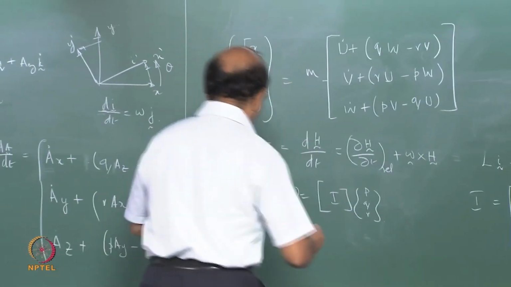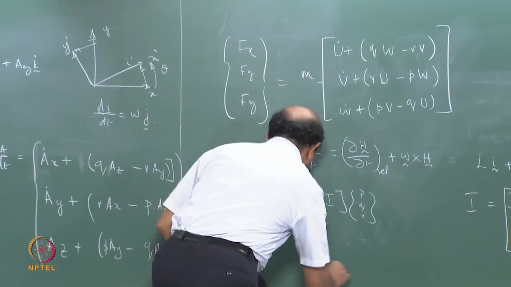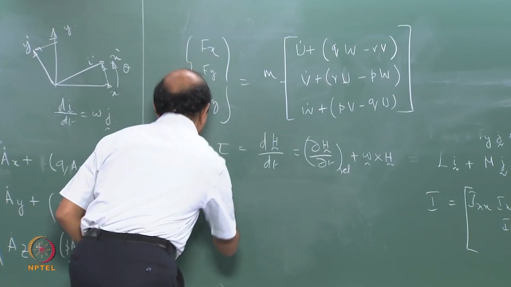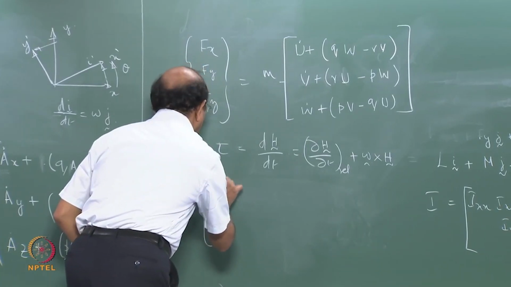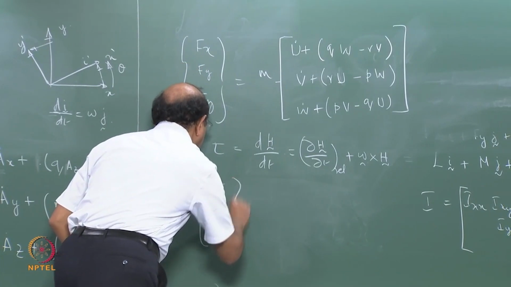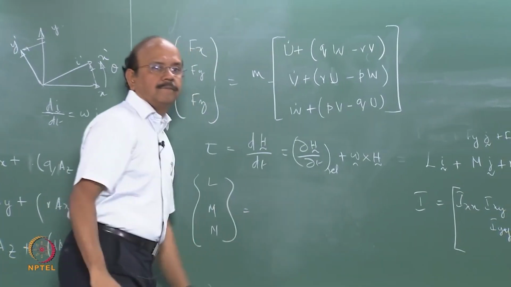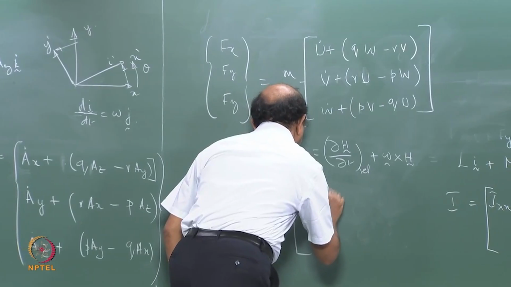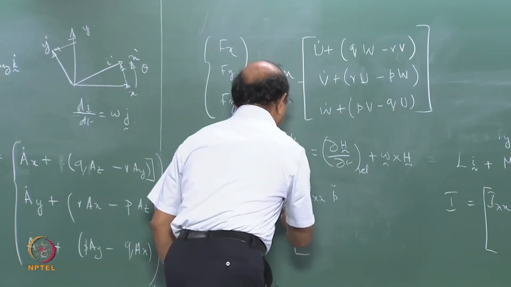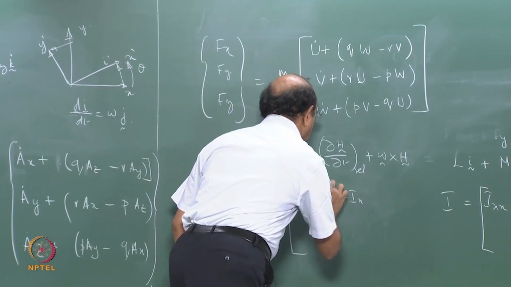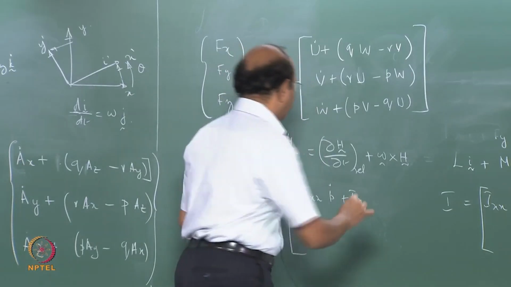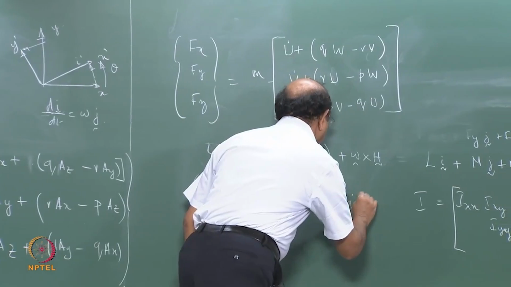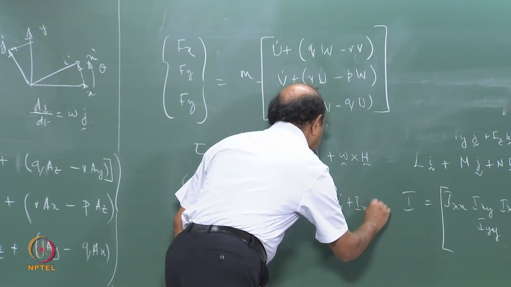So what's the first thing? Okay, let me remove this so that you know that already. L, M, N. Okay. Ixx P dot plus Ixy Q dot plus Ixz R dot.